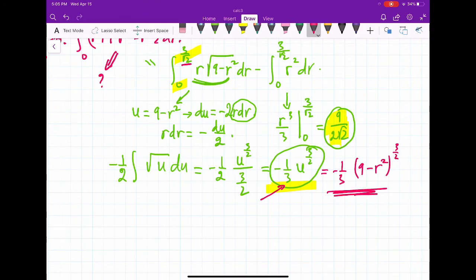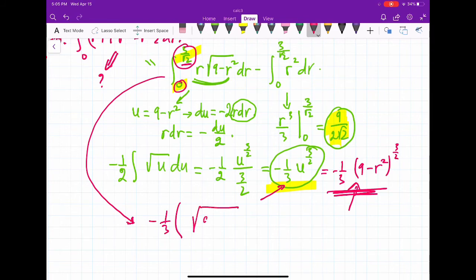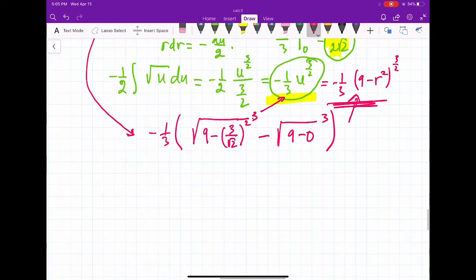Now, I will plug the integration limits into this function. Our integral is nothing but negative 1/3 times, I write here, square root of 9 minus 3 over square root of 2 squared, cubed, minus square root of 9 minus 0, cubed. Alright, so I have negative 1/3. In here, I will have 9 minus 9 over 2, square root, right? And cube.